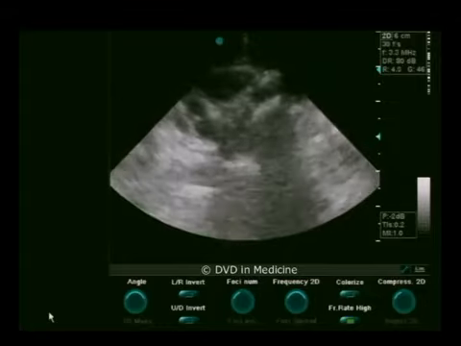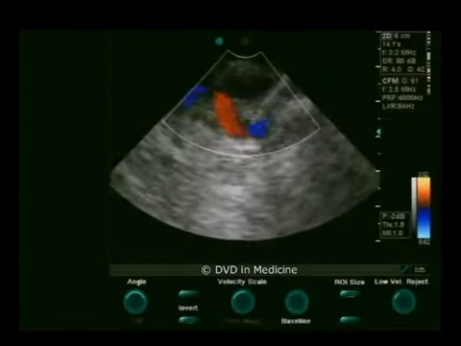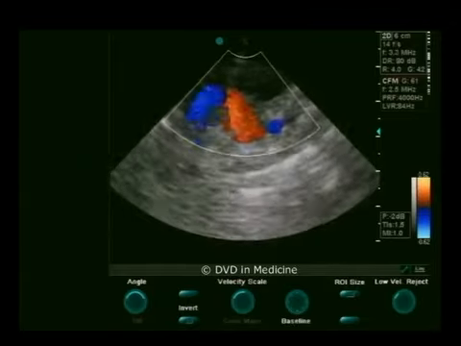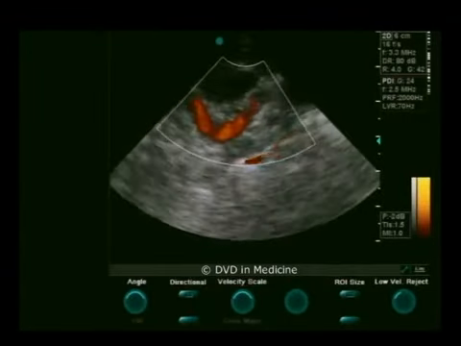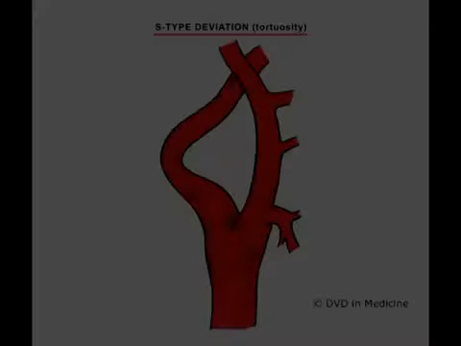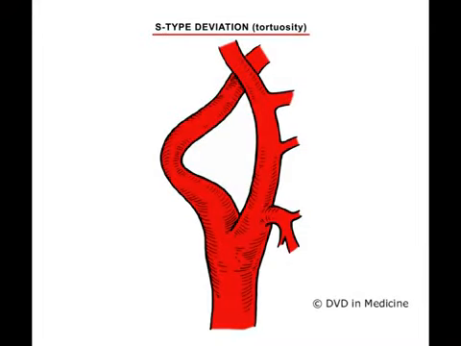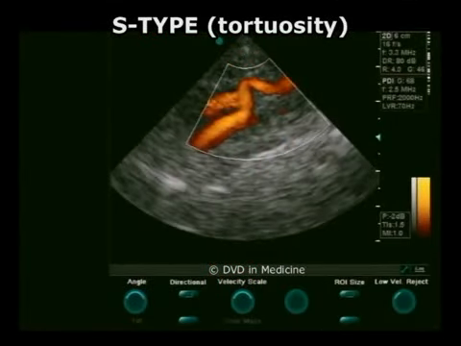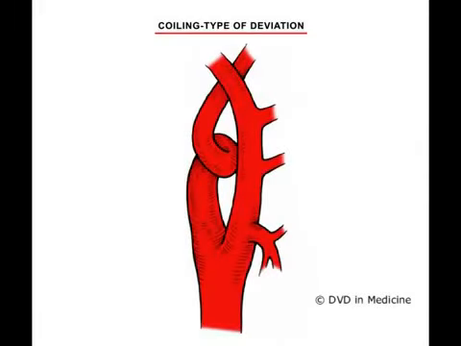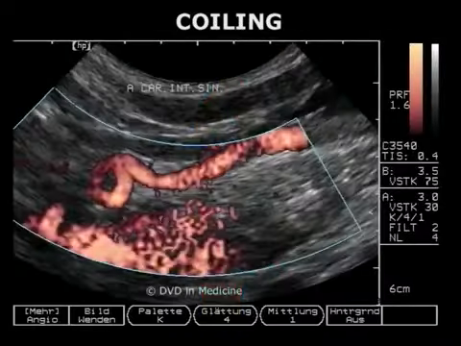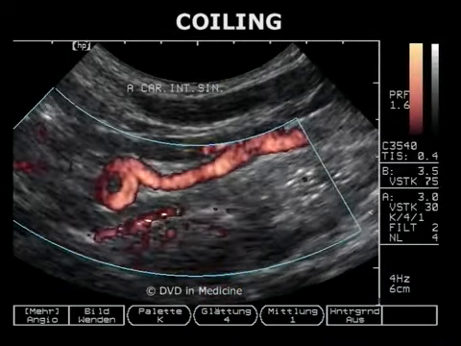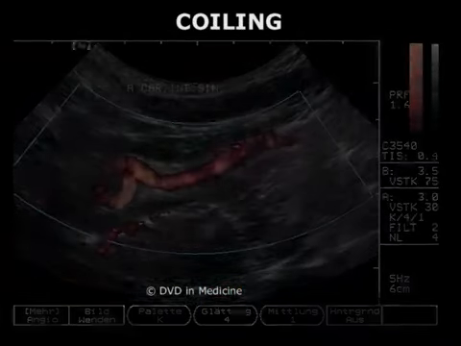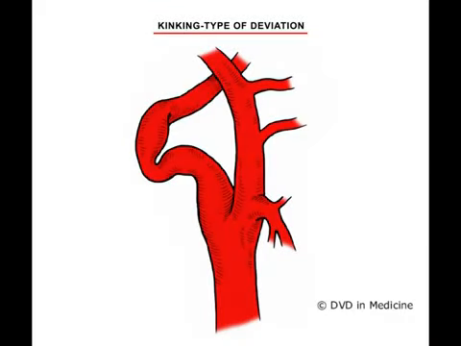If the course of arteries is deviated, one should note in the protocol the type of deviation: S-type or tortuosity, coiling, and kinking. In the last case, one sees the artery bending at an acute angle.